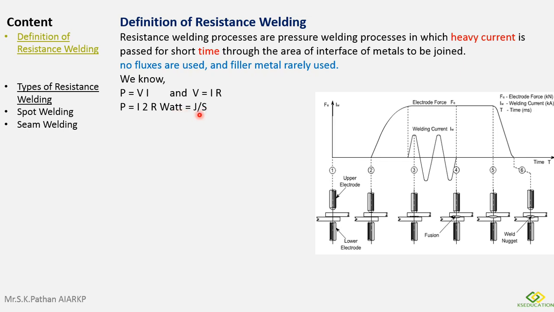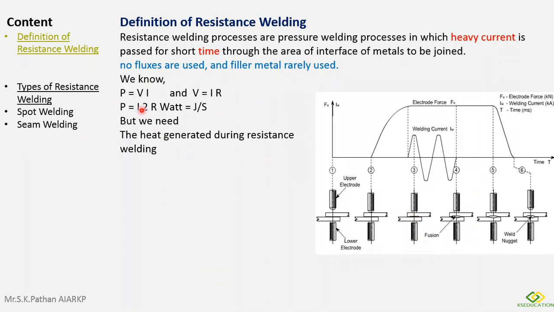Watt is also joule per second. If you see this phenomenon, it means that through this equation the whole power is converting into heat only.